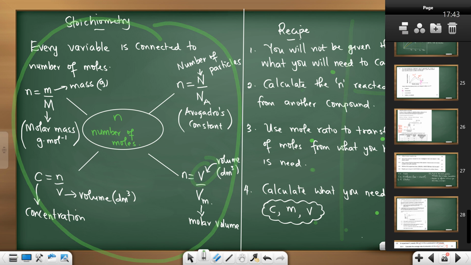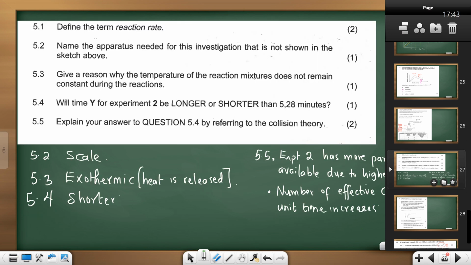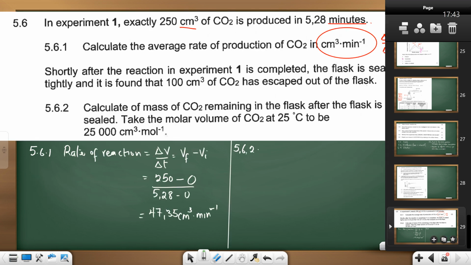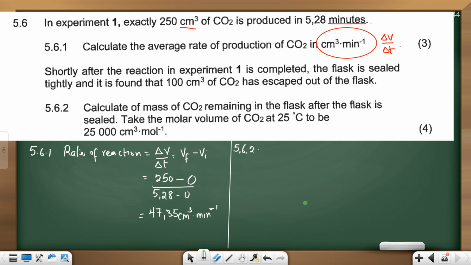What are we looking for again? Let's go back. It says shortly after experiment 1 is completed, the flask is sealed, and it is found that 100 cm cube of carbon dioxide was produced, right?